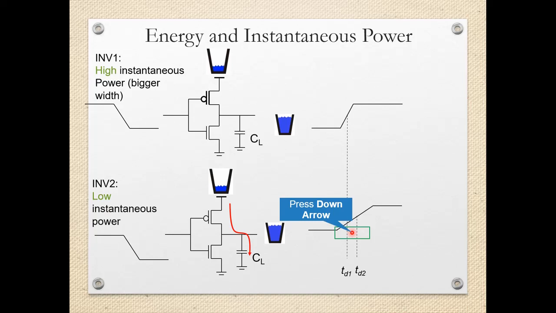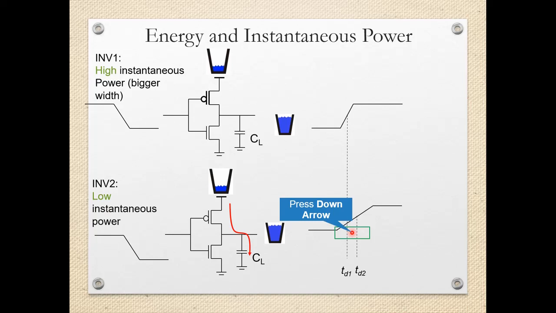That indicates this second inverter is very slow and the first inverter is quite fast. The power consumed will be the same, but this one consumes the same power in a small time, and this one consumes the same power but with more time.